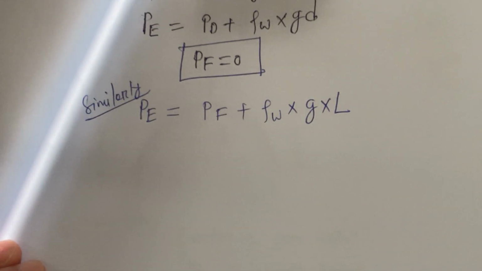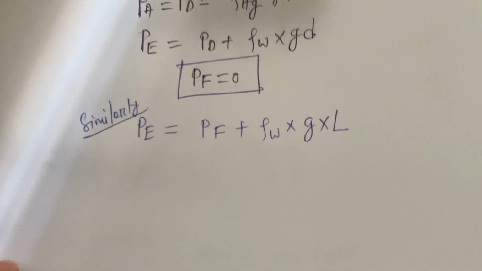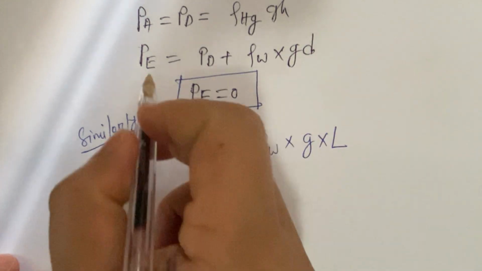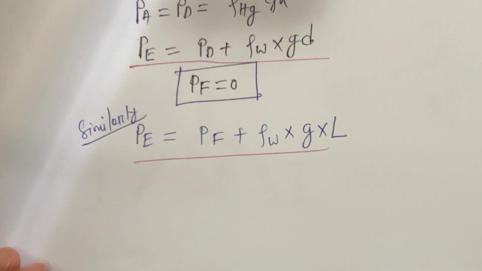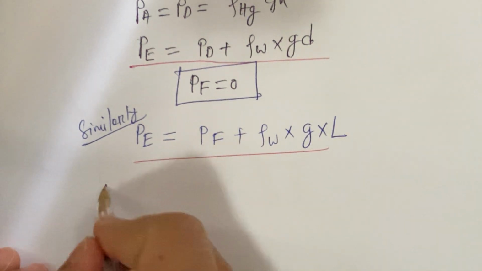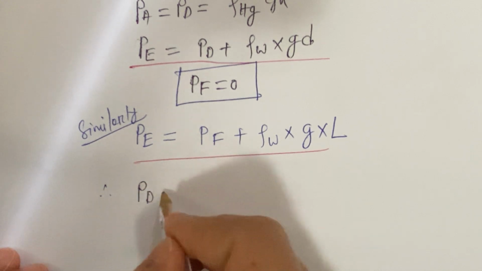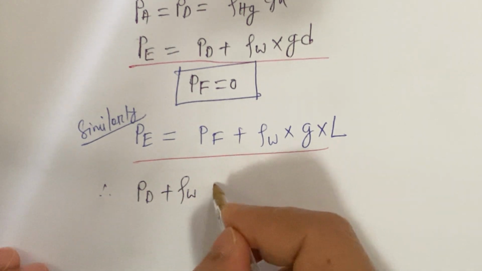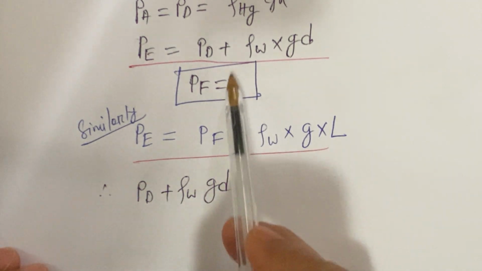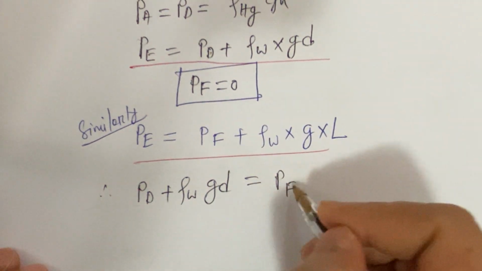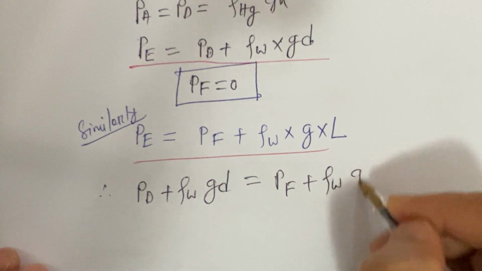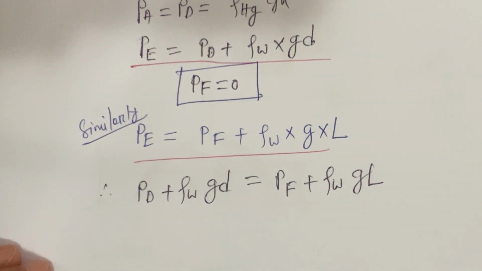So for static equilibrium, we found pressure equals this, pressure equals this. So for static equilibrium, we can write PD plus rho W g D, equal to PF plus rho W g L. Can we write it?